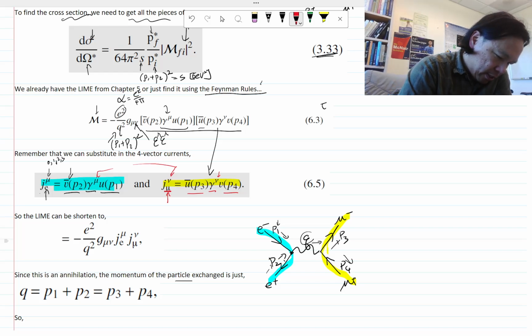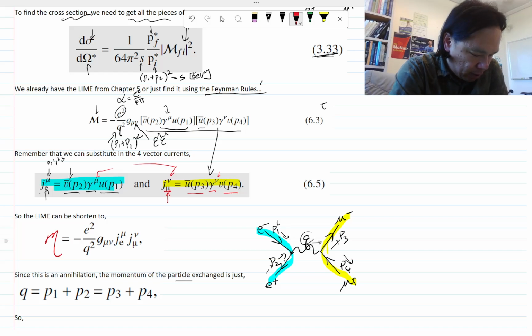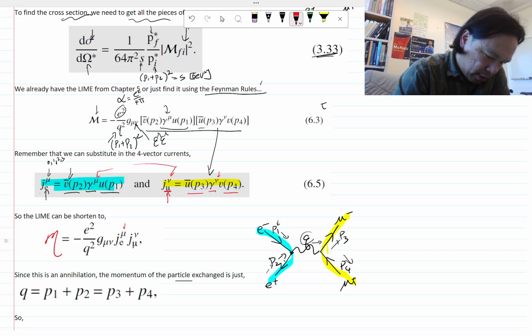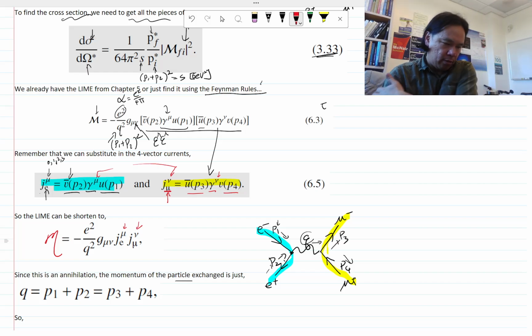So this shortens the matrix element to minus e squared over q squared, g mu nu, and then you're going to have to deal with these currents.